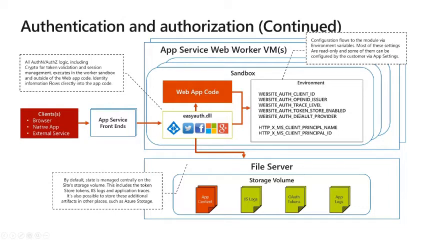The module runs separately from your application code and is configured by using app settings. No SDK, specific languages, or changes to your application code are required. So I want you to look at this figure for some time and notice a few things here.